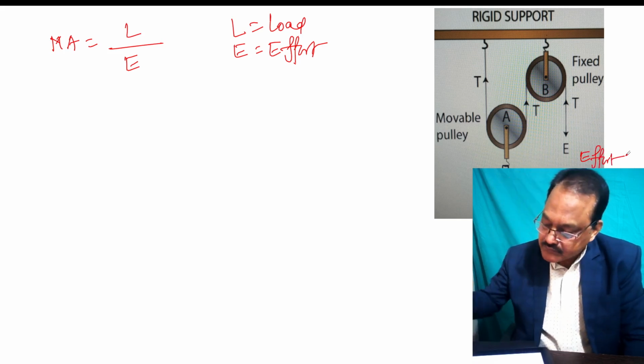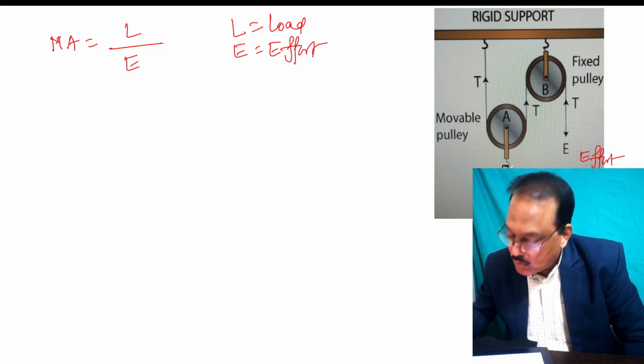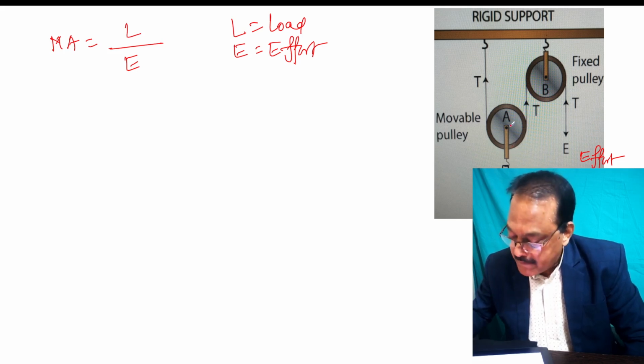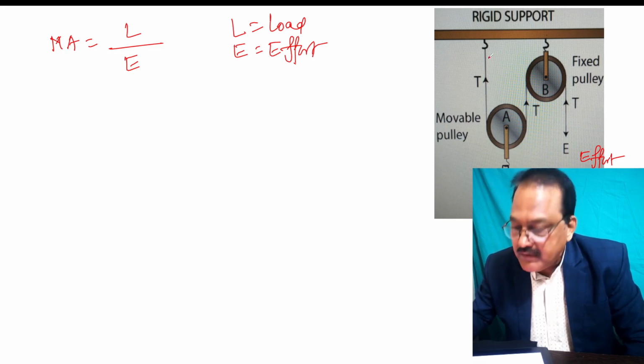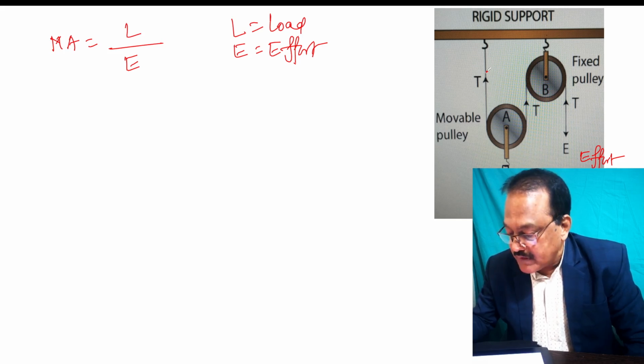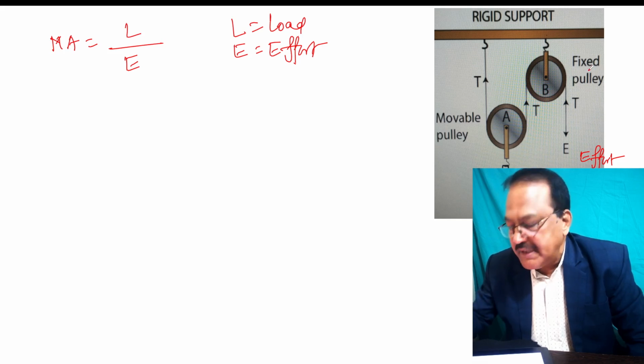Okay, fine. See, in this figure, this load is directly connected with this movable pulley. And what is the beauty of this machine? Only one string is being used here. One string is running from movable pulley to fixed pulley.